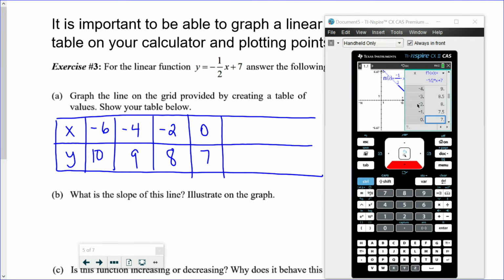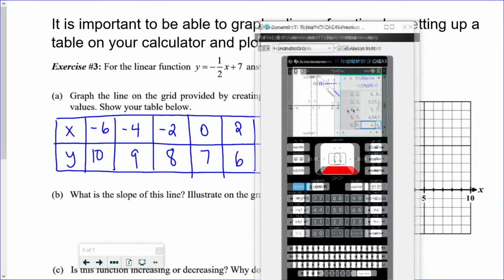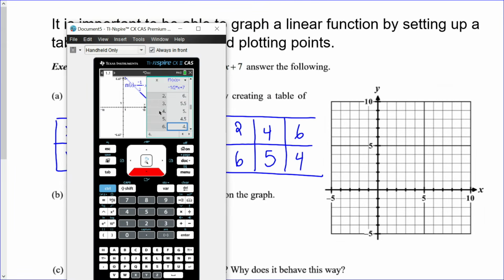There's our y-intercept, right, when our input is 0. 2 and 6, 4 and 5, 6 and 4. I probably didn't need to go to -6 given that my graph paper doesn't extend that far, but yeah, it's okay. 8 and 3, and I think I'm going to cut it off there.